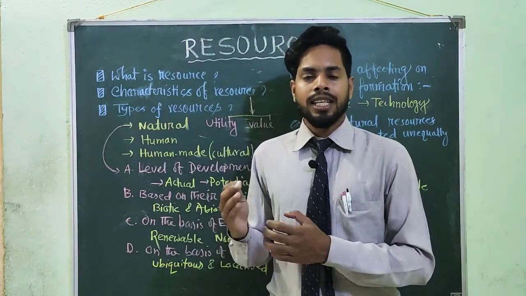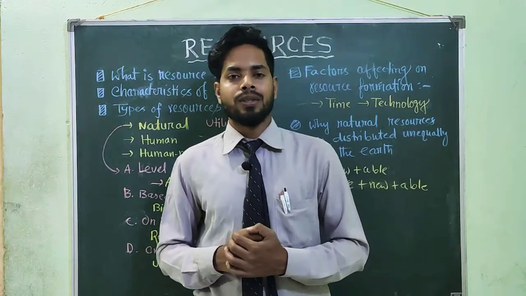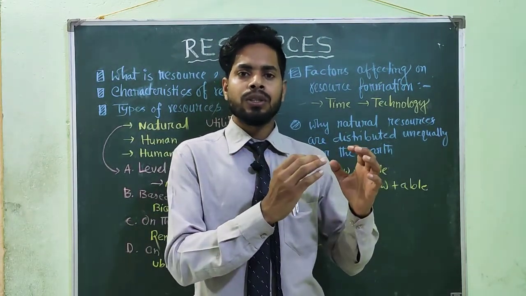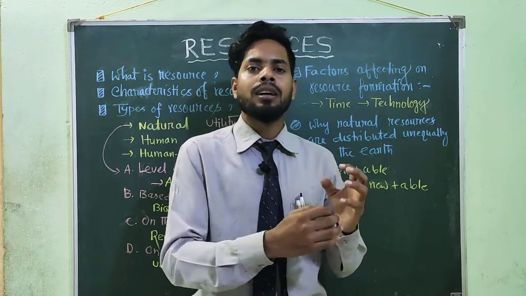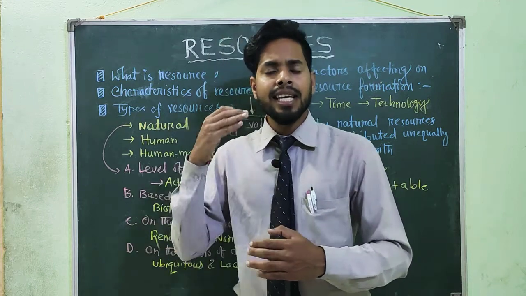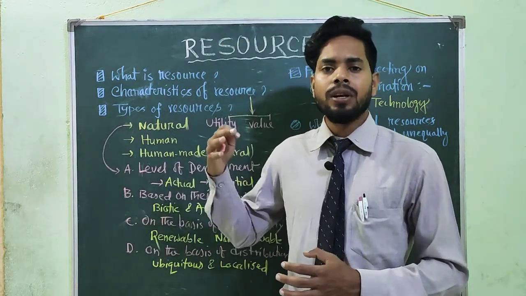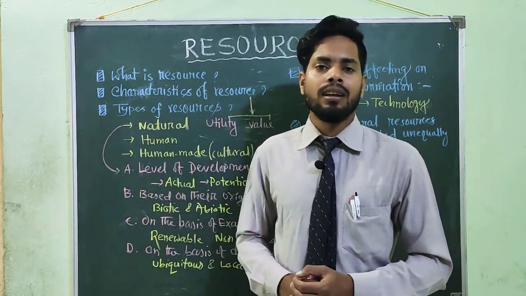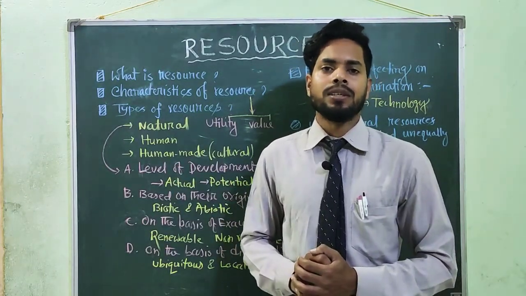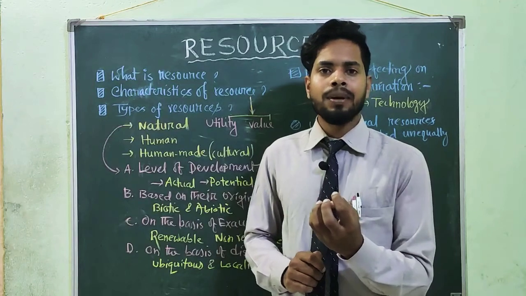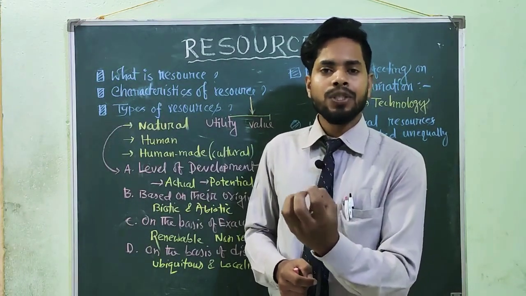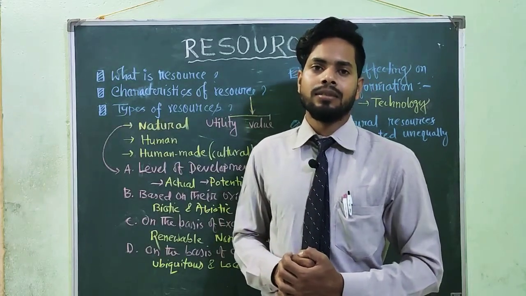Next, see what a potential resource is. Potential resources are those resources whose quality and quantity we don't know, and their utilization has not been started yet. So these resources are referred to as potential resources. As an example, the uranium deposit in the Ladakh region.